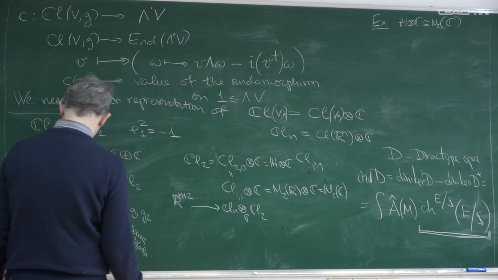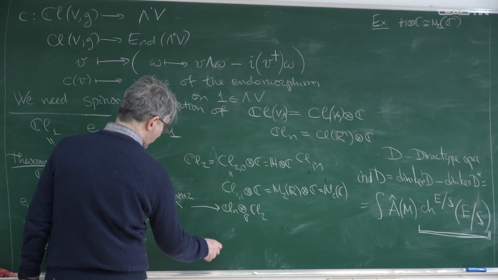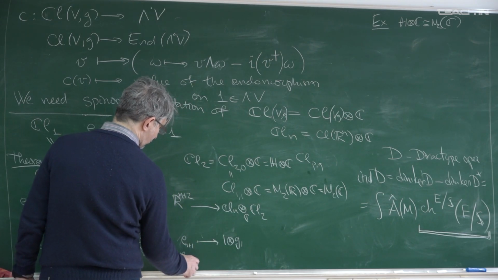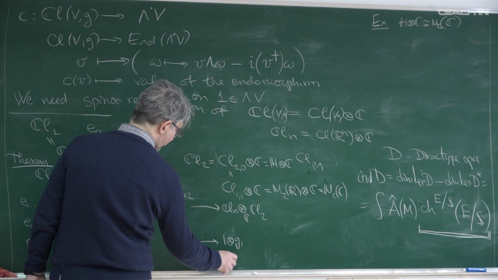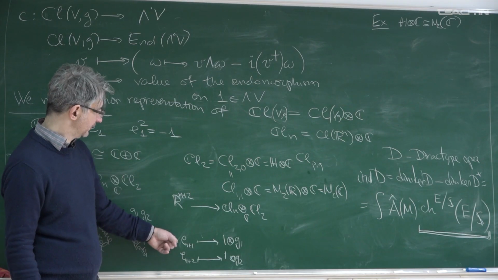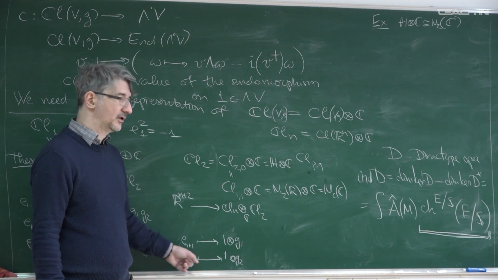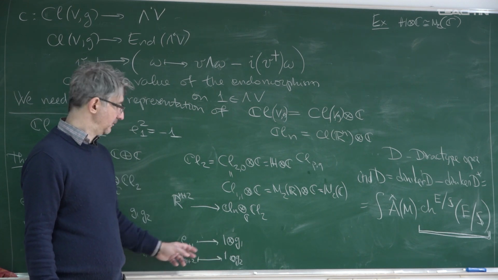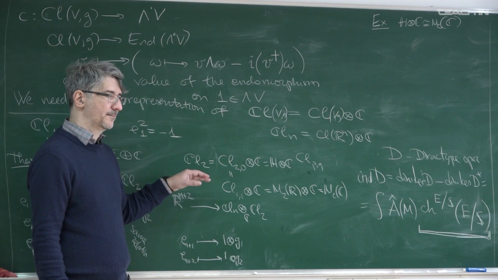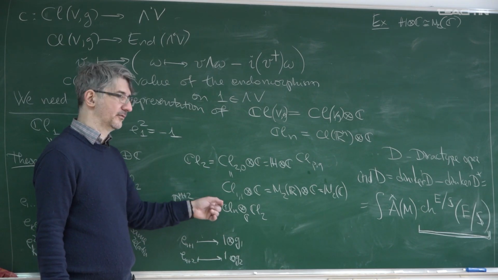Namely, e_(n+1) is sent to 1 tensor g_1. e_(n+2) is sent to 1 tensor g_2. This is a very good idea because the square of this element is -1, the square of this element is also -1, and they are skew commutative. That's why on these two elements the map is well behaved with respect to relations in Clifford algebras.